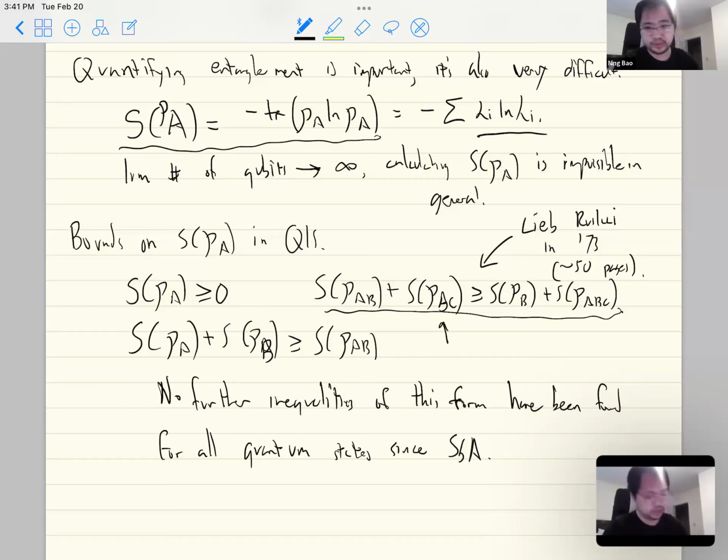So this one is the state of the art in full quantum information science. And it was discovered now 50 years ago. So if that was the only thing that I wanted to talk about, this would be a very short and very boring talk. But we have some extra things that allow us to make more progress.